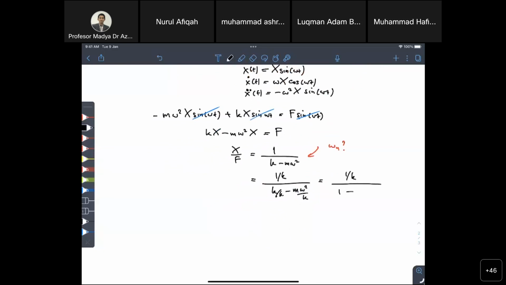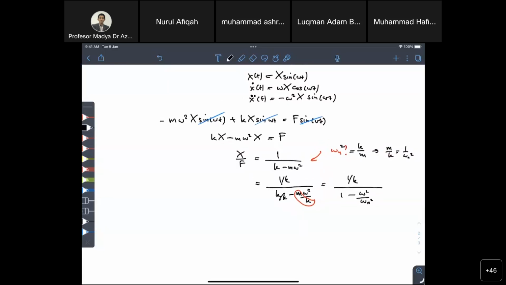Remember natural frequency squared is k over m, so m over k is 1 over omega n square. So now here you have omega over omega n squared. So this is the equation we have here.